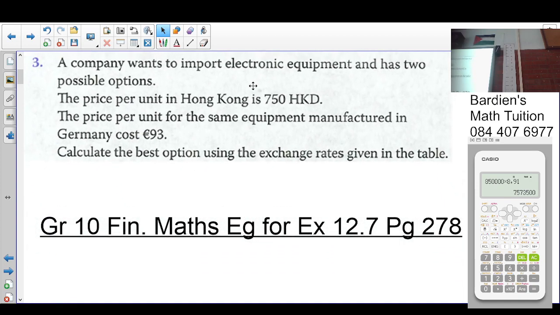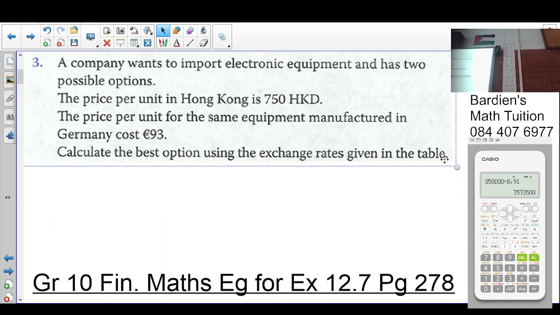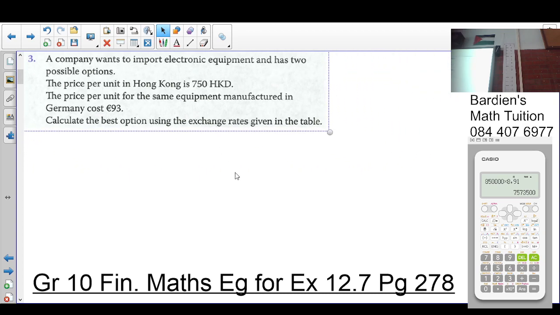Let's look at number 3. In number 3, we are told that the company wants to import electronic equipment and has two possible options. The price per unit in Hong Kong is 750 Hong Kong dollar. The price per unit for the same equipment manufactured in Germany costs 93 euros. Calculate the best option using the exchange rate given in the table.